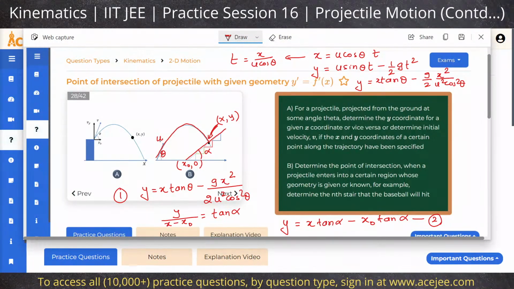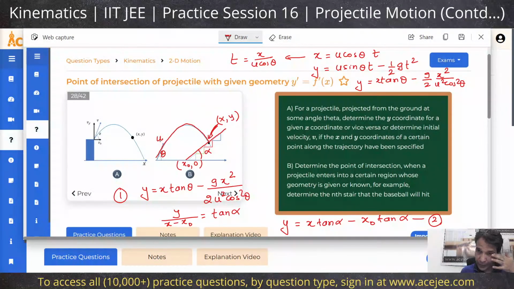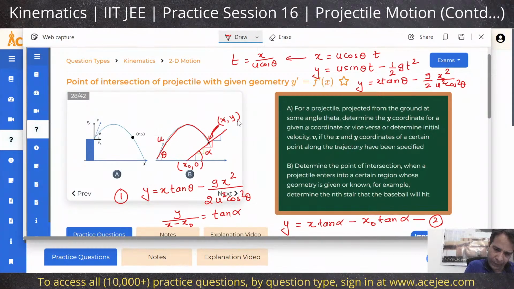Okay, so continuing here. We have these two equations in y and x, and we want to find out the point of intersection. Let's say the point of intersection is x1, y1.